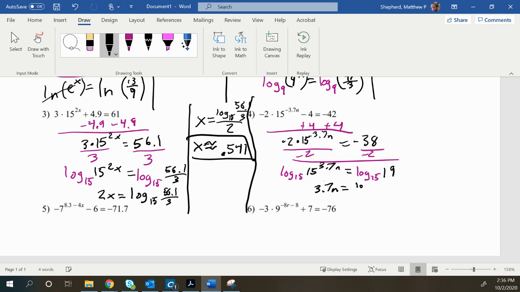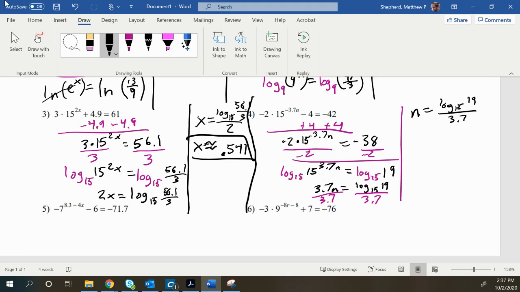And then that remains log base 15 of 19. Final step, we're going to divide by 3.7. So n is equal to log base 15 of 19 all over 3.7.